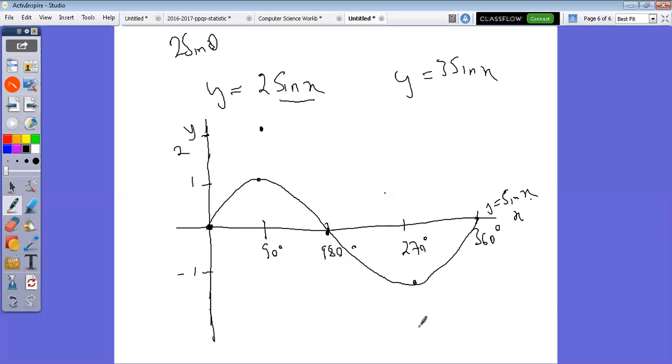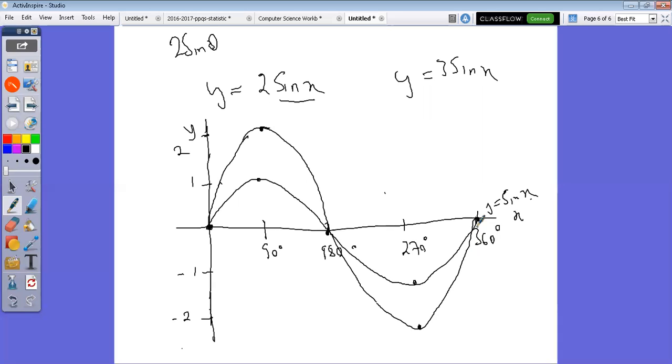At the bottom, it goes all the way to negative 2. The 3 one will go to negative 3 there. That's the graph here. The wavelength does not change. It's the amplitude that changes.